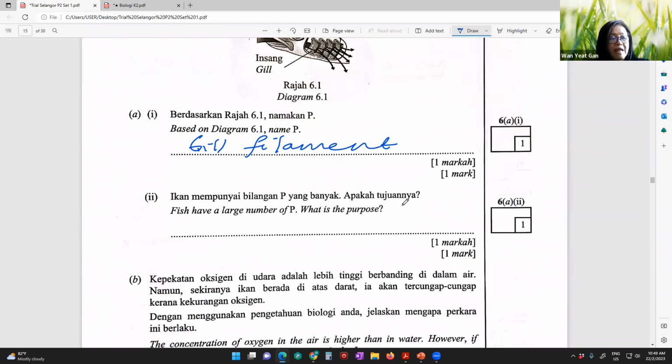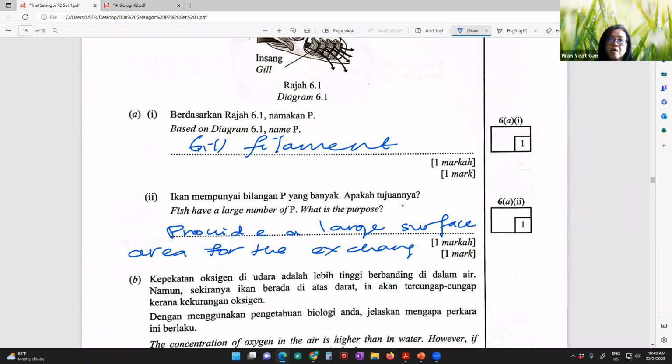Now, large number is always to provide a large surface area. Okay, large surface area for the exchange of gases.